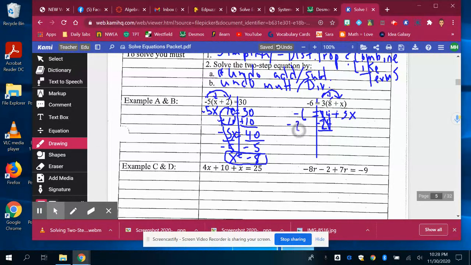Whatever I do to one side, I do to the other. And I have negatives, and more negatives gives me even more negatives. Remember, when you have like signs, add them together. Now I'm going to divide by 3 so that the 3's cancel and I get x equals negative 30 divided by 3, which is negative 10.